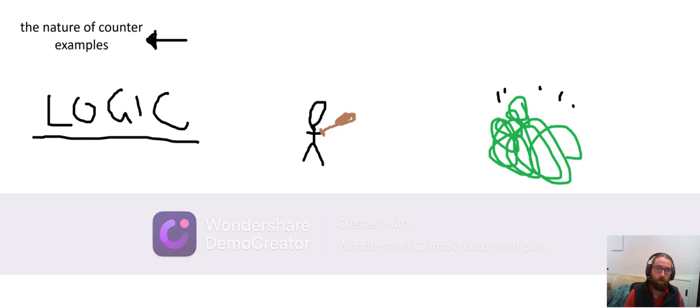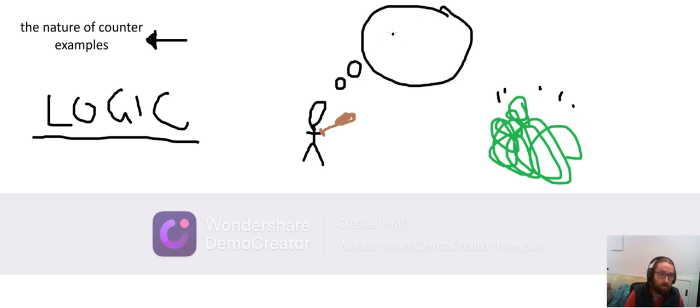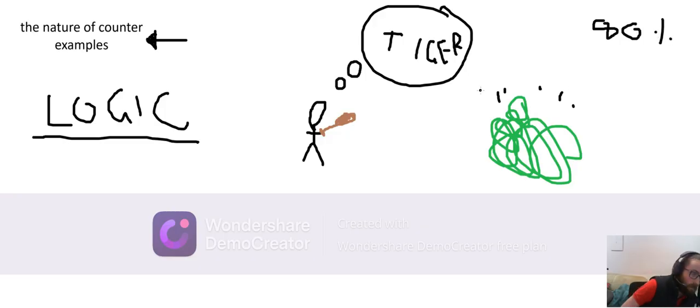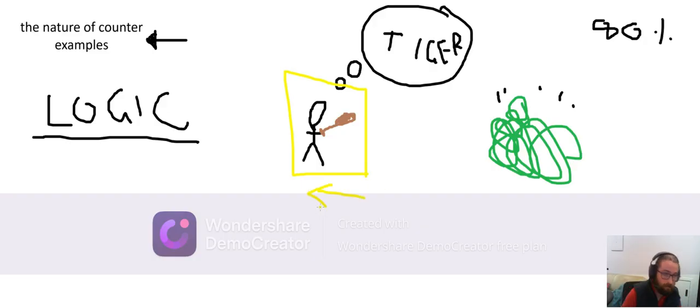If the caveman always thinks to himself, that's a tiger, that's actually pretty beneficial because sometimes it will be a tiger. Even if 80% of the time it's just the wind, it's useful for this person to believe that it's a tiger because then he'll run away every time. And the 20% of times that it actually is a tiger, or even the 1% of the time it is a tiger, his life will be saved.